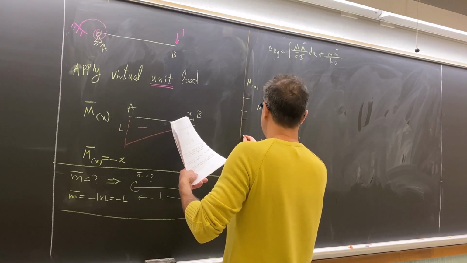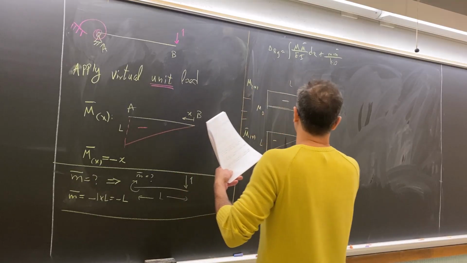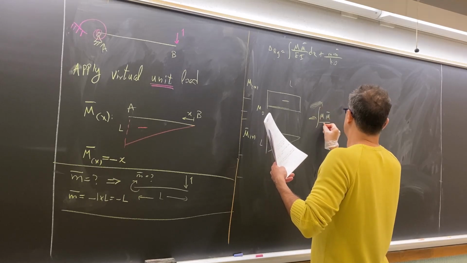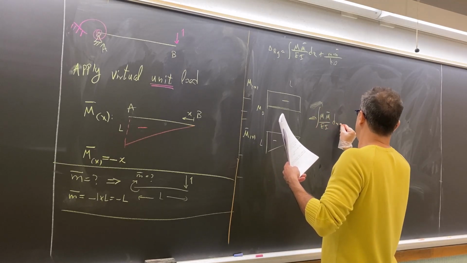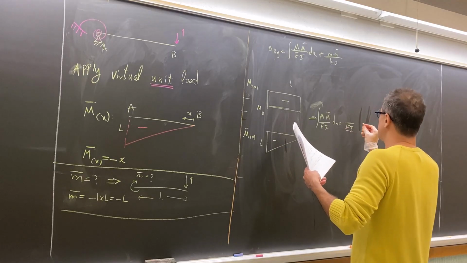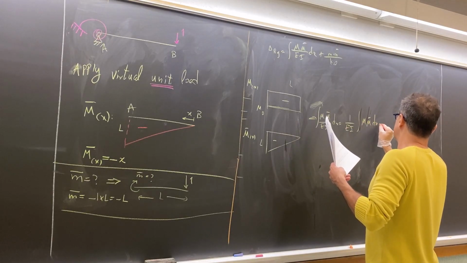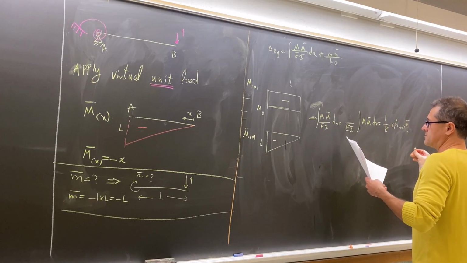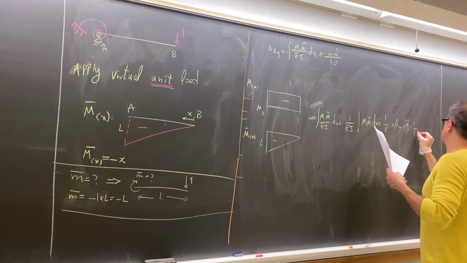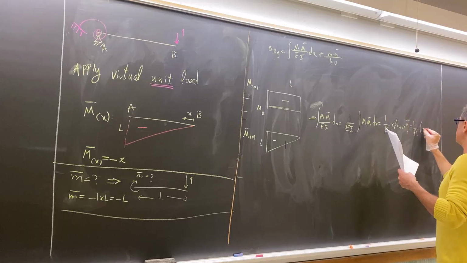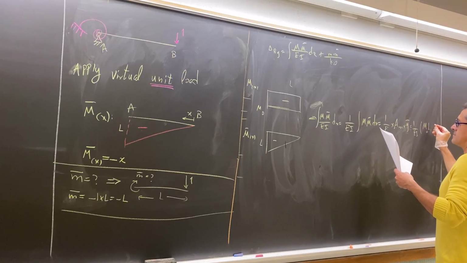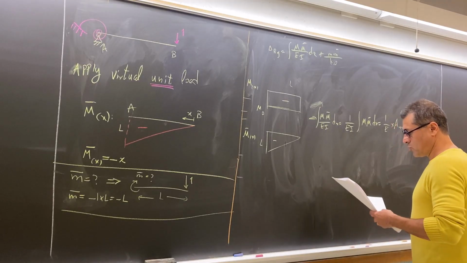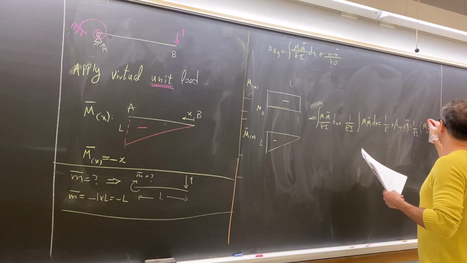This is M bar X. So from here, using Moore method, both of them are negative.